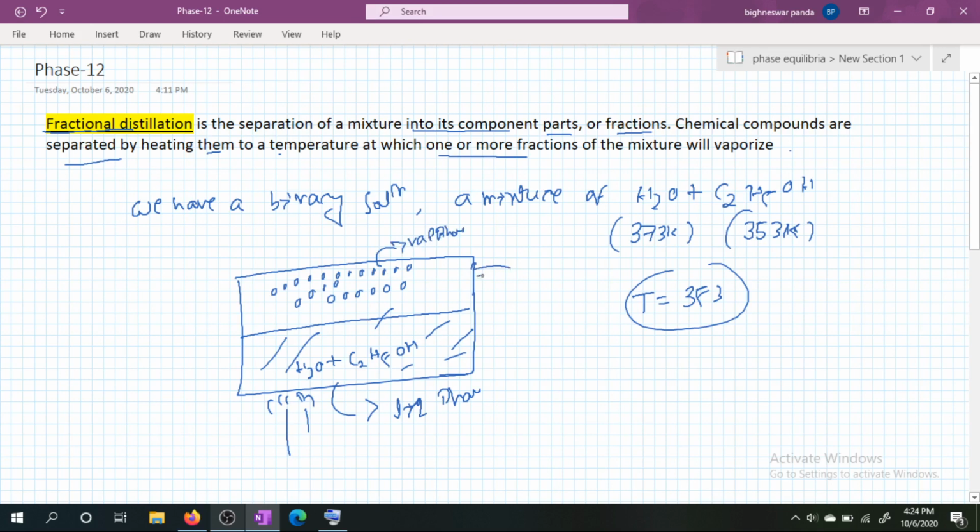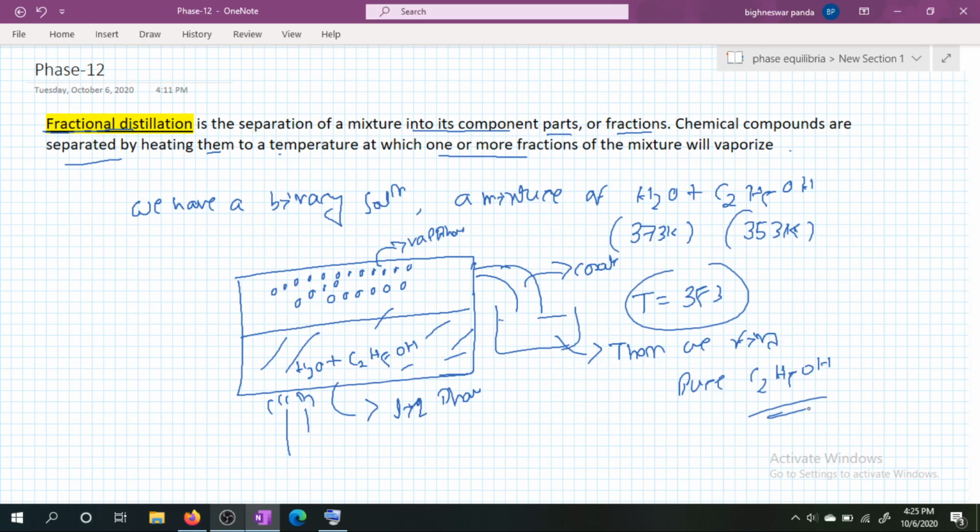If these vapors are cooled, then we find pure alcohol. And this is the basis of fractional distillation. Fractional distillation is based upon the boiling point temperature of the individual components. Here we have taken two components, water and alcohol.